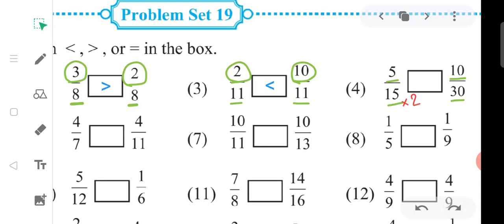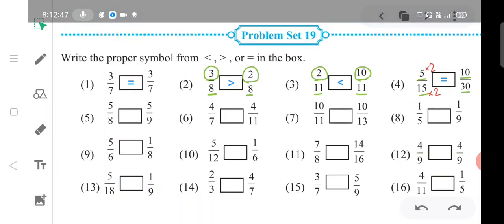If you multiply 15 by 2, we get 30. So we need to multiply 5 by 2. 5 twos are 10. We get the same fraction, 10 upon 30. So which sign comes here? The equal to sign. That means 5 upon 15 is equal to 10 upon 30.